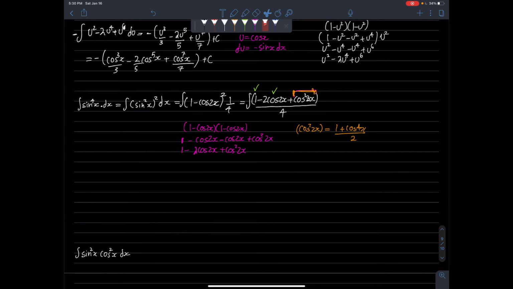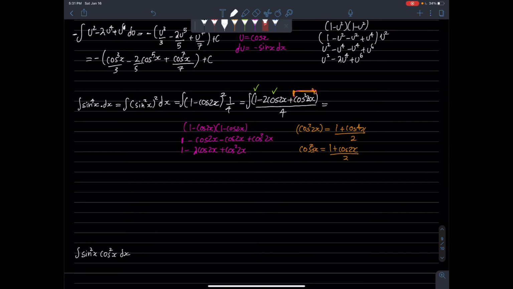Similarly to how cos squared x is equal to 1 plus cos 2x over 2. It's just the same thing. Instead of 1 being here, you have a 2 now, so you just multiply by 2, which gives you 4. Okay, so now let's take the integral.